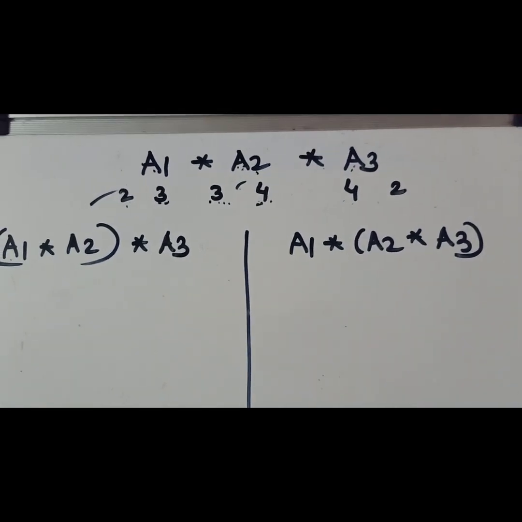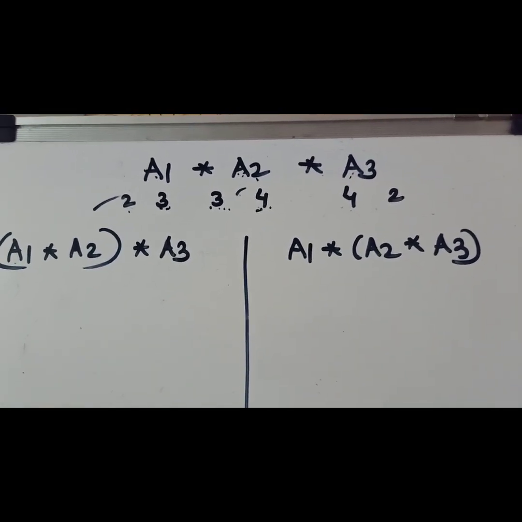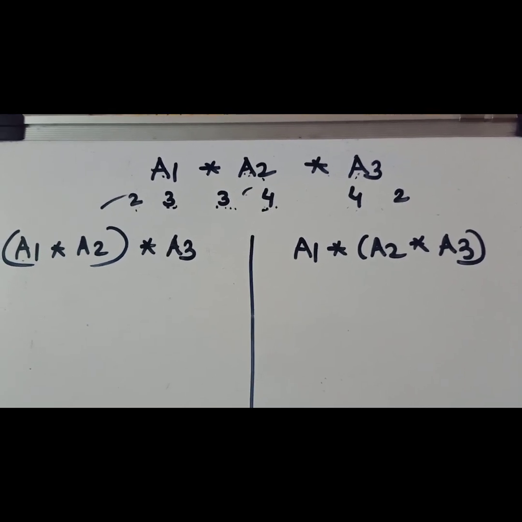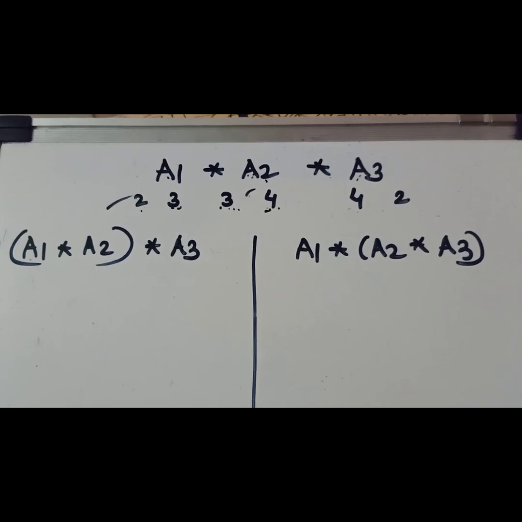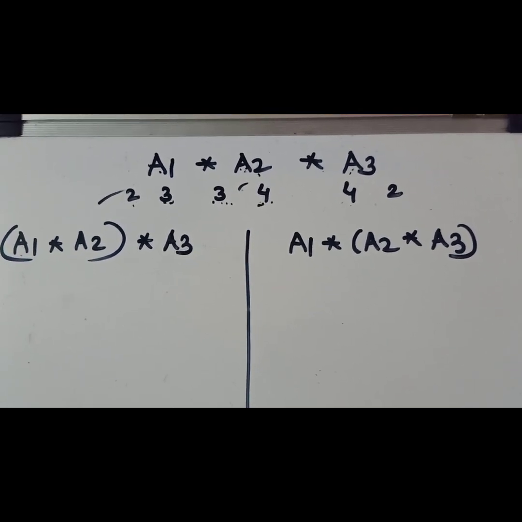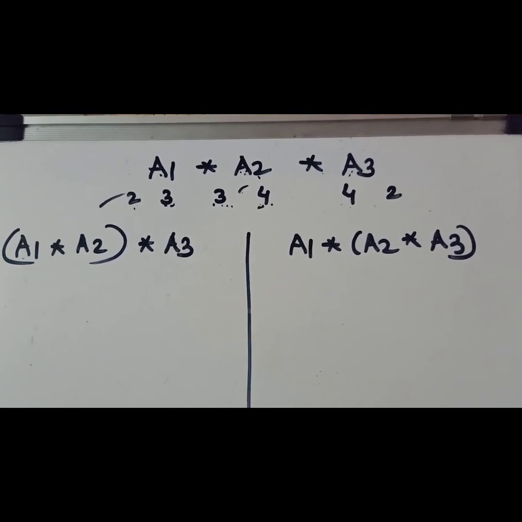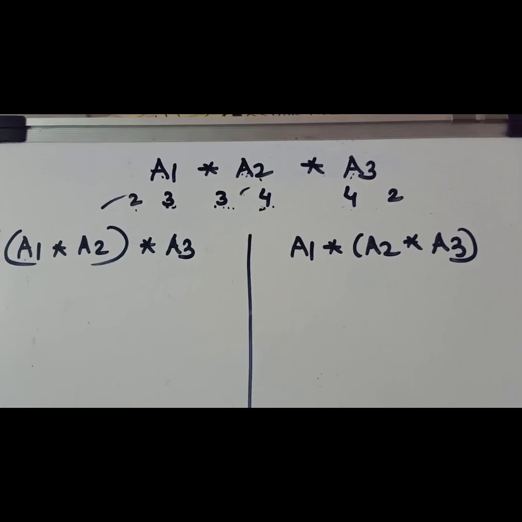As we have discussed, these three matrices cannot be multiplied at one time. We have to choose the first two matrices and multiply that result with the third matrix. For doing this we have two ways.